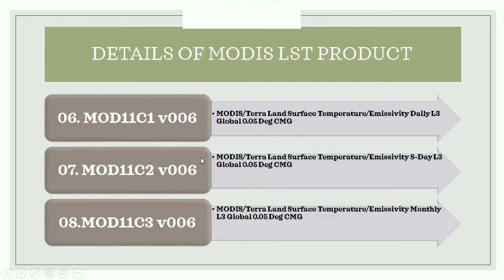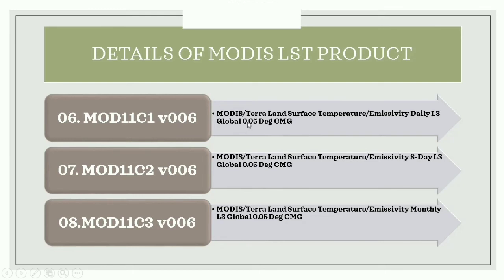Then here MODIS 8 day. As you saw in the B series, the C series is also the same, C1, C2, C3. The only variation is the resolution. Here it is daily, here it is 8 day, and here it is monthly. It's more or less the same as the B product, but the variation is in resolution.